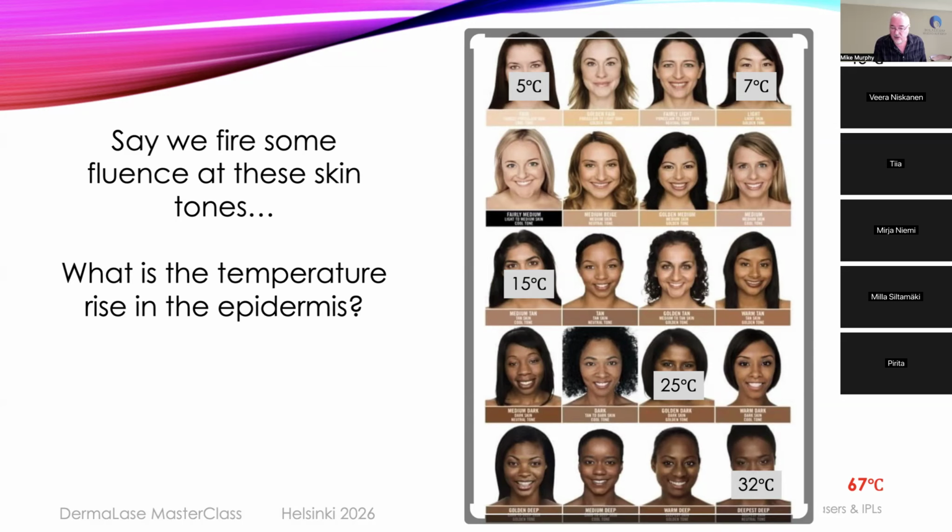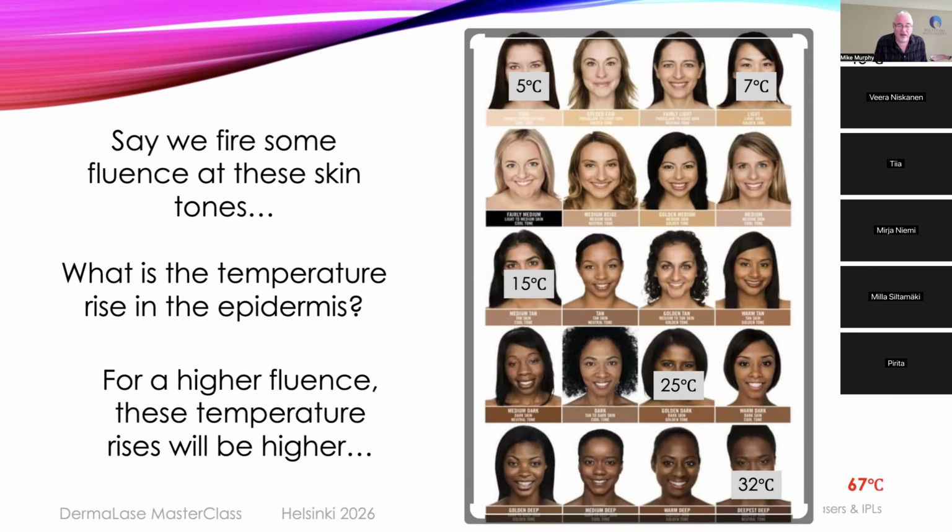But if the temperature is like this, 67 degrees down here, then they trigger very, very rapidly, much faster than for low temperature. So basically, the problem is that as the skin color gets darker, the temperature rise in the epidermis is greater, and therefore you easily go through the pain threshold and it becomes painful. Okay, so this is why we need to use cooling. Absolutely important. And if you increase the fluence, these temperatures get even higher, so that's even worse.